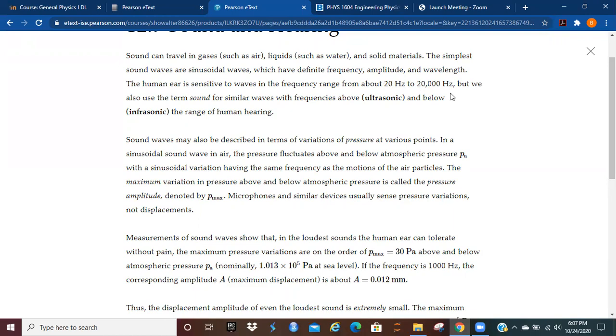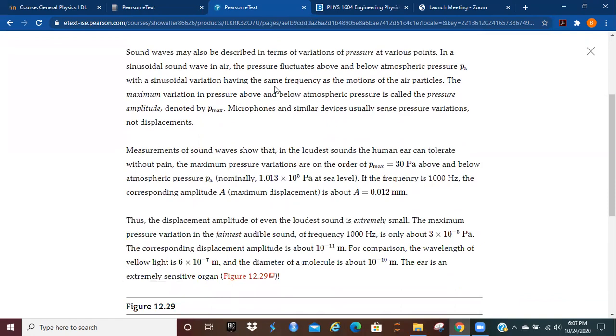Now that's going to vary depending on whether you're a boy or a girl, and it's also going to depend on age too. That's going to change quite a bit. But we also use the term sound for similar waves with frequencies above and below the range of human hearing. If it's above, obviously ultrasonic. If it is below the range, then infrasonic.